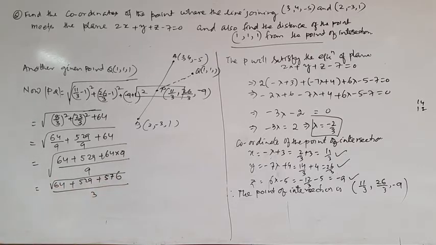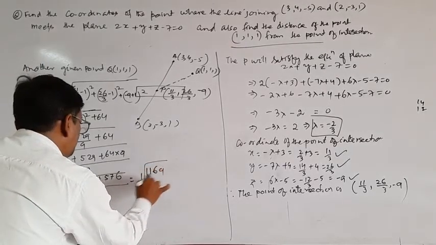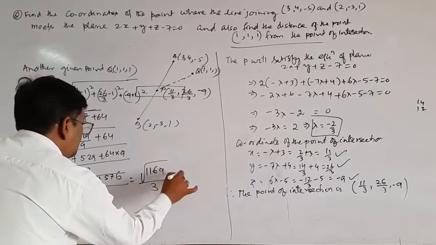So add this: 64 plus 529 plus 576. This is square root of 1169 divided by 3 units.